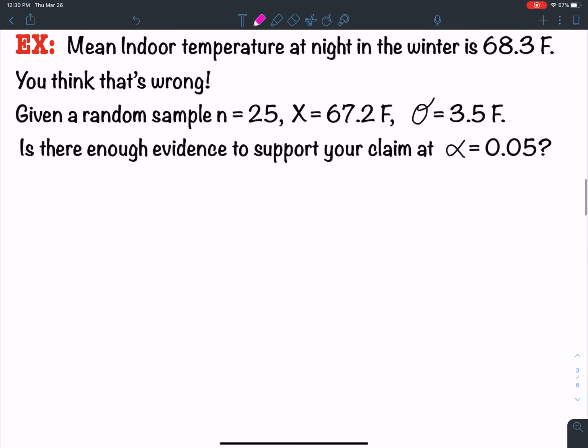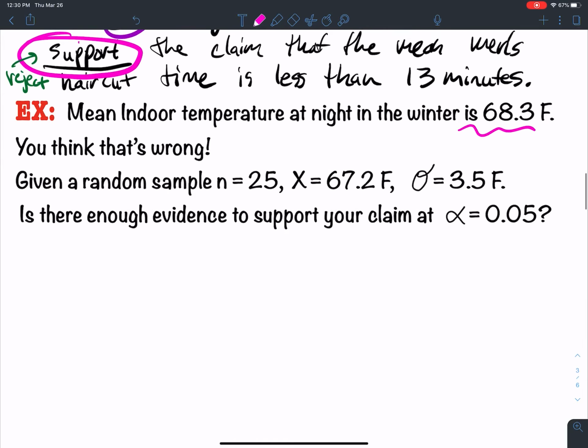So next problem. The mean indoor temperature at night in the winter is 68.3 Fahrenheit. You think that's wrong. That's what you're claiming. You think it's bull. Okay?